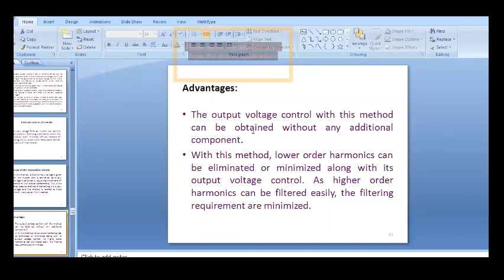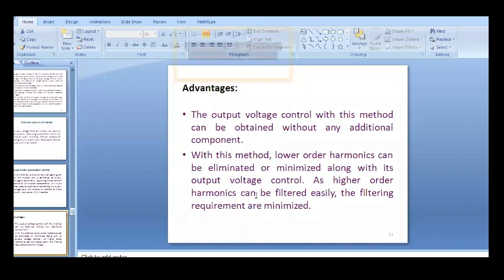So we can minimize this compared to the external control method. And with this method, the lower order harmonics can be eliminated or minimized along with the output voltage control, and as higher order harmonics can be filtered easily, the filtering requirement is minimized.